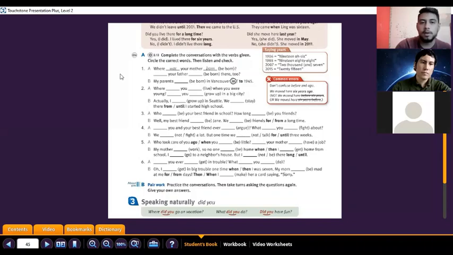We stayed there until I started high school. Okay, actually, I grew up in Seattle. We stayed there until I started high school.